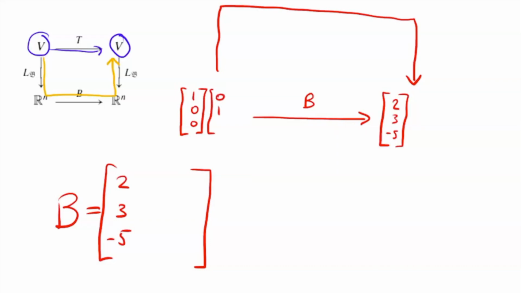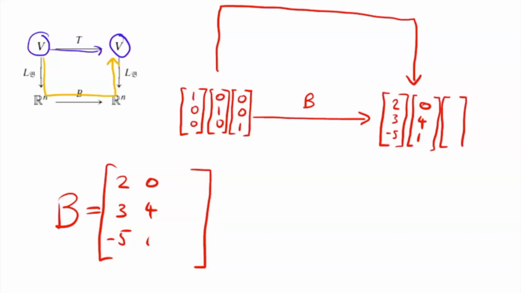That'll give me the first column in matrix B. And then again, with vector 0, 1, 0, I go up, across, and down, and I find, let's say, vector 0, 4, 1. So that's going to be my second column. And lastly, for the last vector in my basis, 0, 0, 1, I go up, across, and down, and I find, for example, it could be anything, I'm just making up numbers, 1, 1, 8.